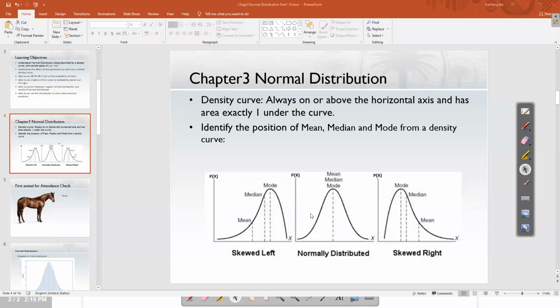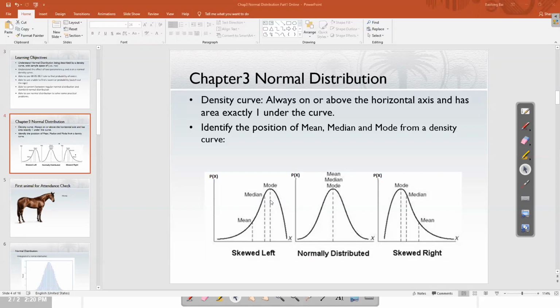But some distributions have a skewed shape of normal distribution. So it looks like normal, except that it's not symmetric. So in this case, mean and median and mode, their location will change. Okay, so how would that change? Mode is easy to locate. Once you have a density curve, the highest point is most likely, right? That's what a mode is.